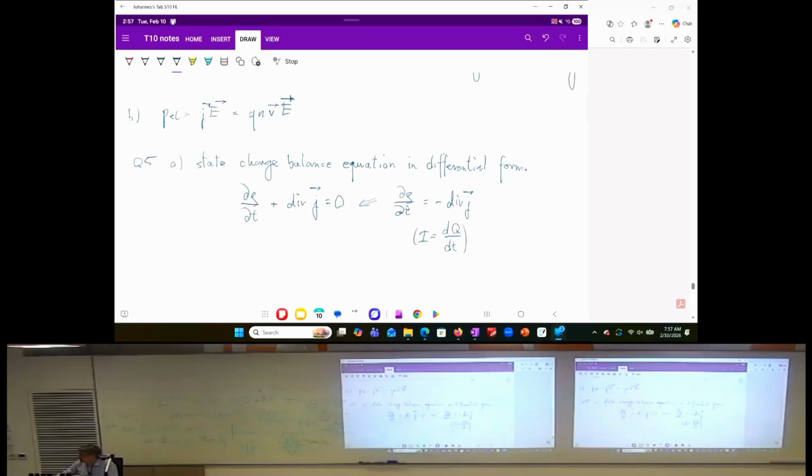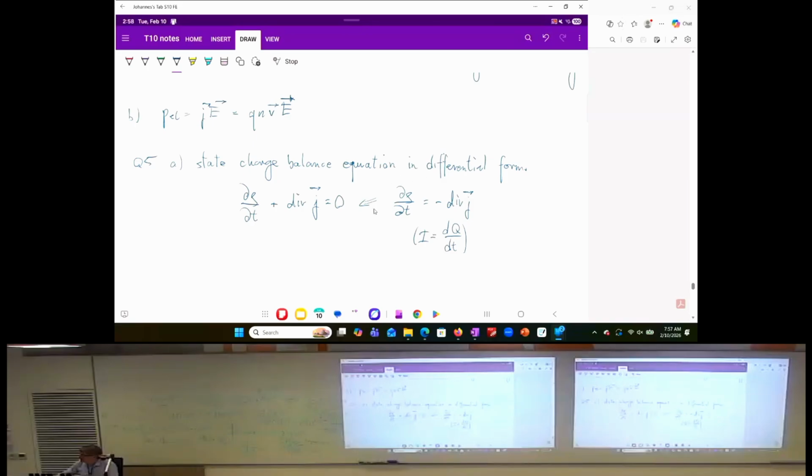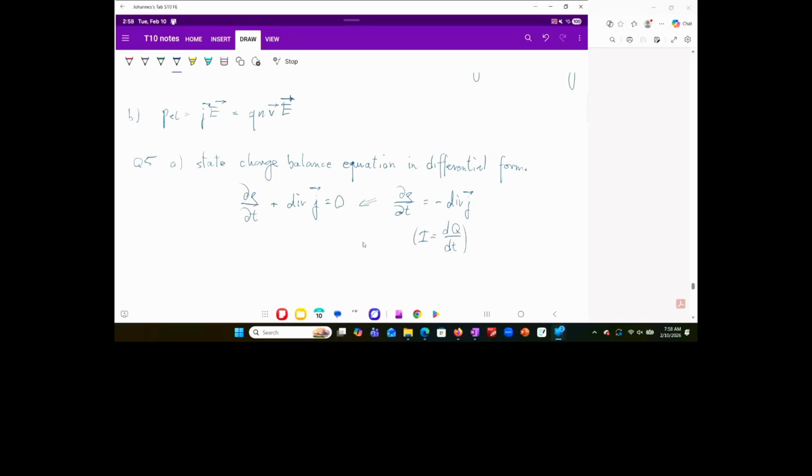But we work with local quantities and work here with densities. This is more the integral or the global formulation. So your current is given by the temporal change of charges, and that results in this charge balance equation. That is always true.